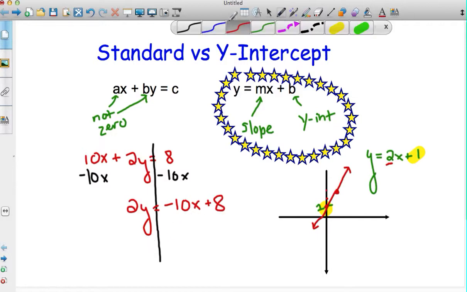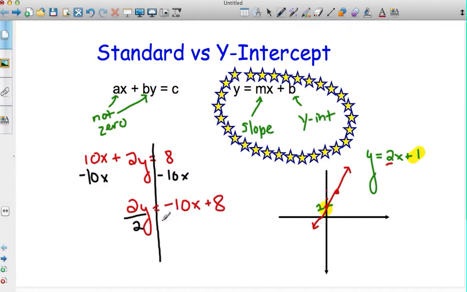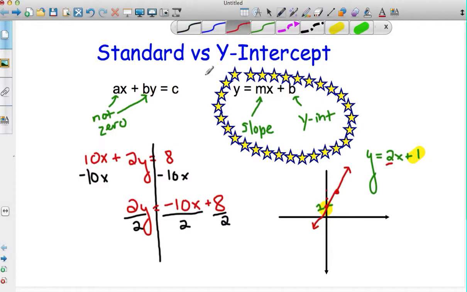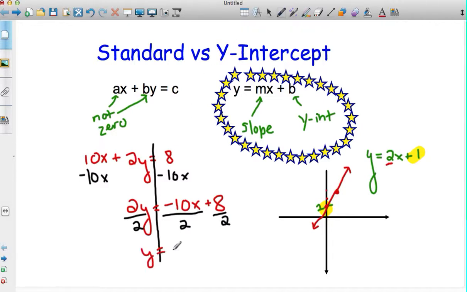Last step then, make sure you divide this whole thing by 2. Divide by 2, divide by 2. And after practicing this over the weekend, we know that y then equals negative 5x plus 4.